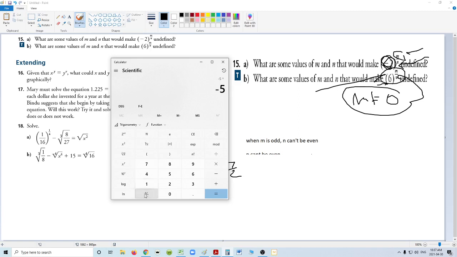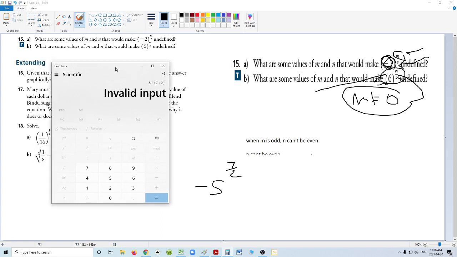I think it's going to solve it because it's just going to resolve the fraction into a decimal. No, invalid input. So because the 7 kept it negative, the 2 couldn't, even when expressed as 3.5. So that's good to know.